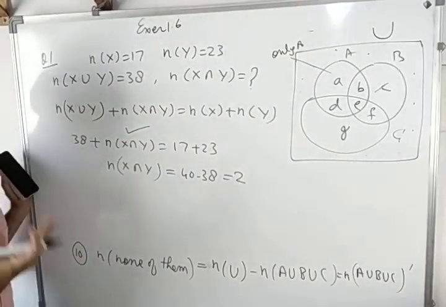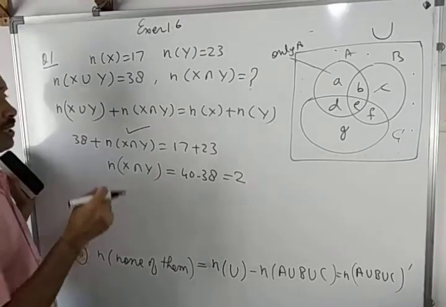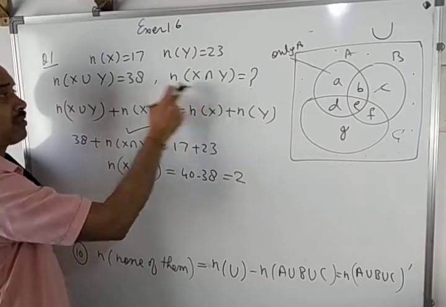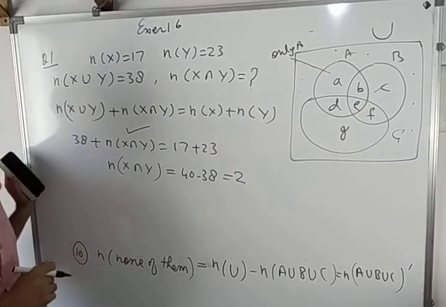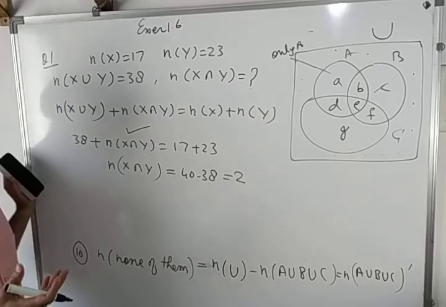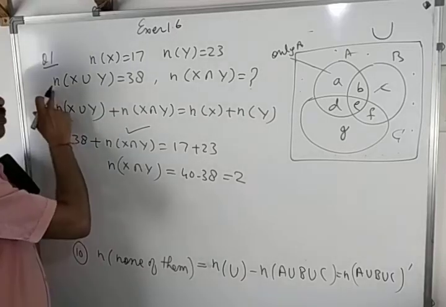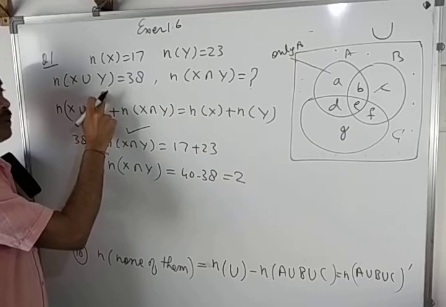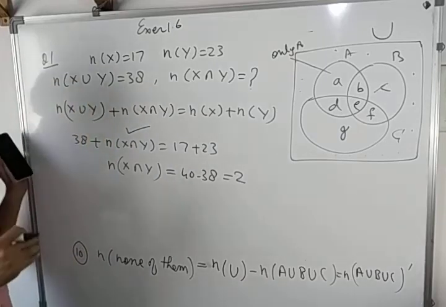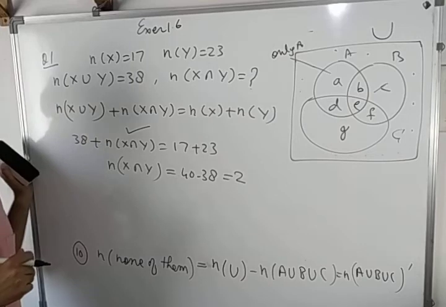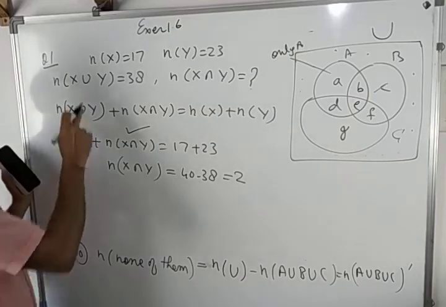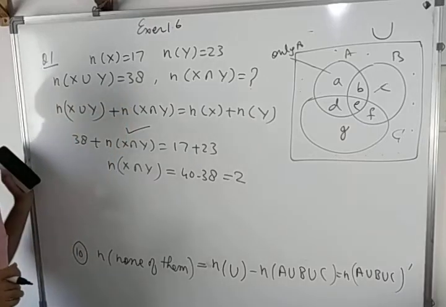But in coming questions, they do not clearly mention that the intersection is this or the union is this. They are mentioning it in words. Like they are saying, in a group of 38 persons, it means the union is 38.